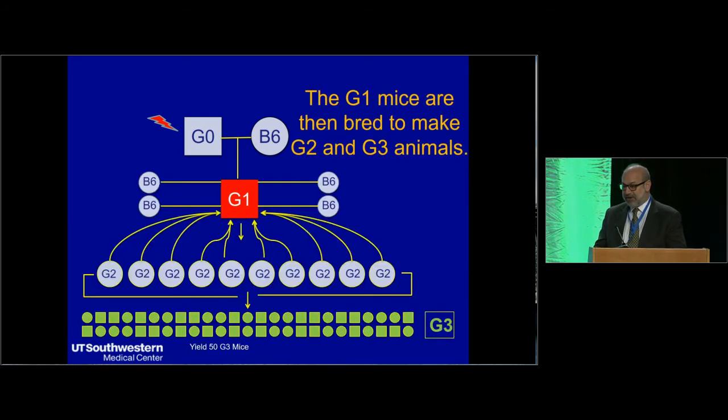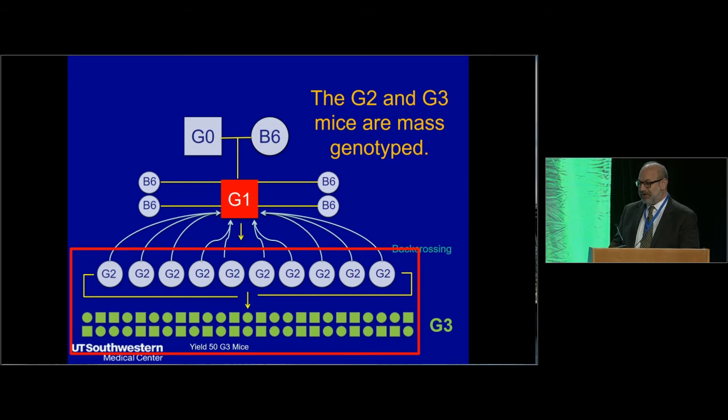We typically make not just 2, but now 10 or 12 G2 mice, and we backcross them all to the G1 to get as many as 50 G3 animals in which we can analyze phenotype. All of the G2 and G3 mice are then sequenced using the AmpliSeq primers to determine their zygosity for all the mutations in that pedigree in every mouse.